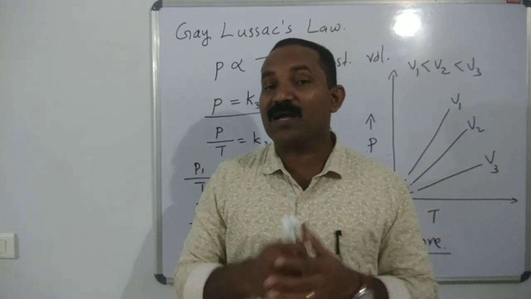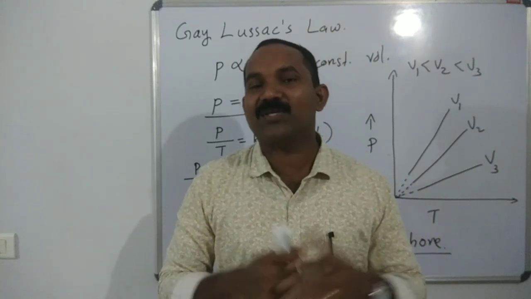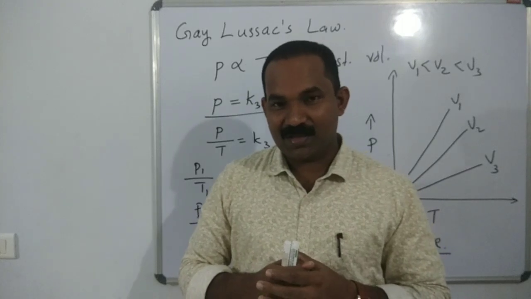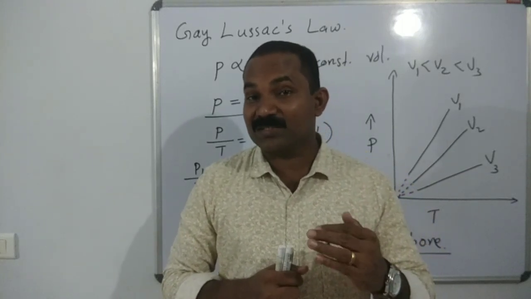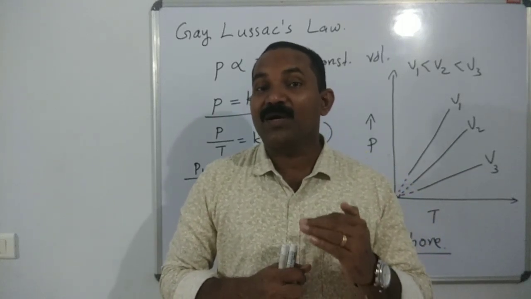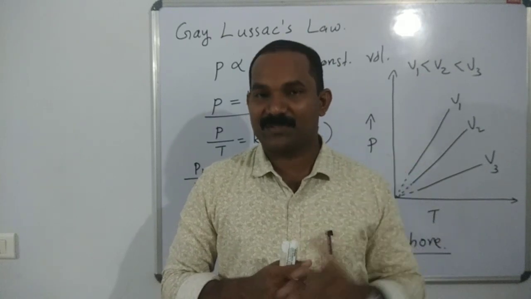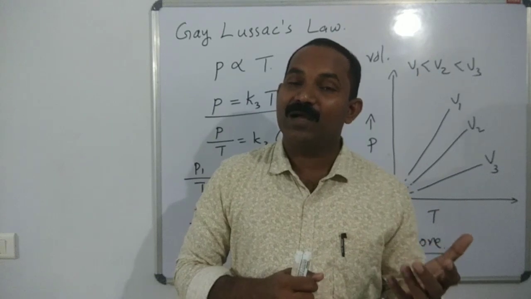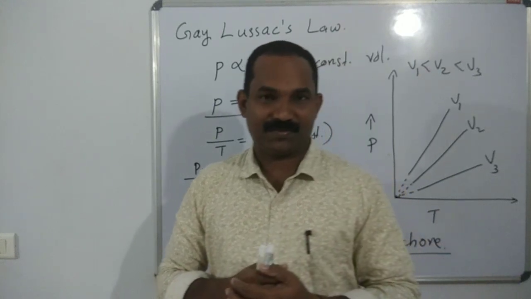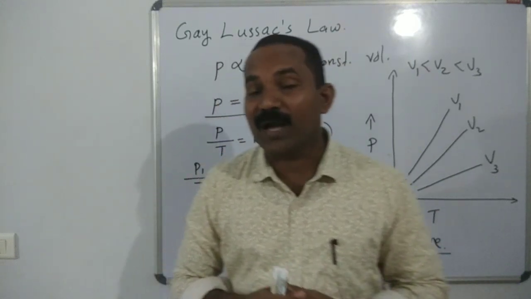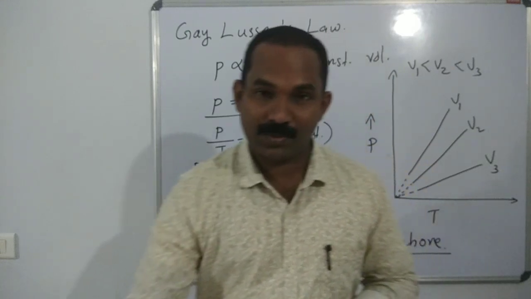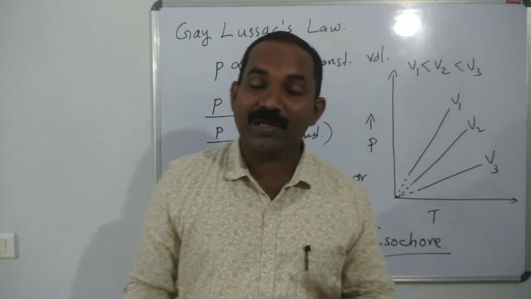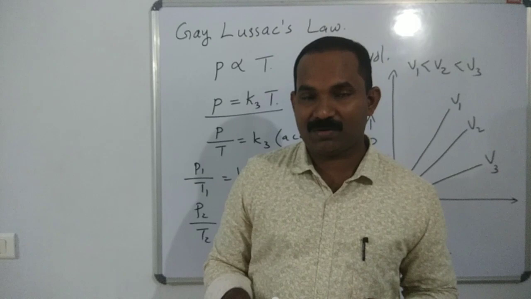The next application is the pressure cooker. Pressure increases, so the temperature inside the cooker also increases. Then we move to another law, Avogadro's law, which we already discussed in chapter 1.